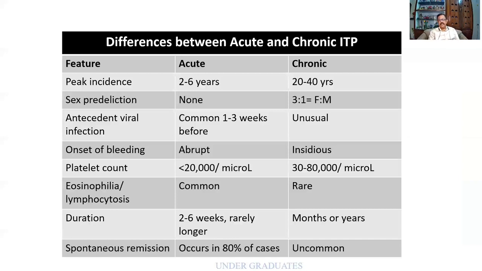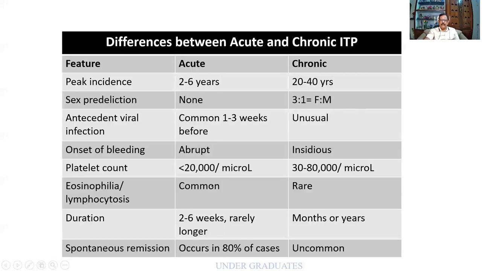There are two diseases, acute and chronic ITP. So acute, as I mentioned earlier, is common in children 2 to 6 years. There is no sex predilection. There is an antecedent viral history. Onset of bleeding will be abrupt. That is why it is called acute.